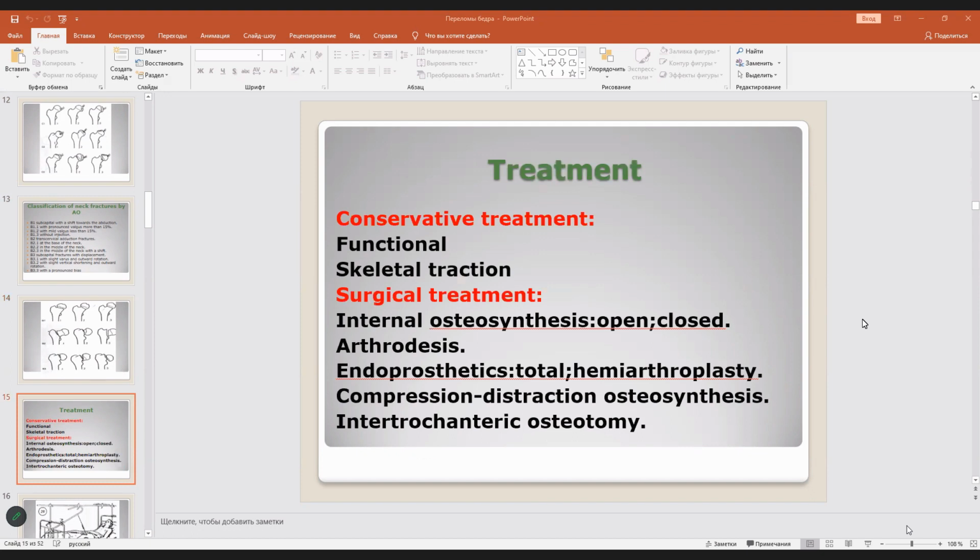Treatment. Conservative treatment: functional method and skeleton traction.